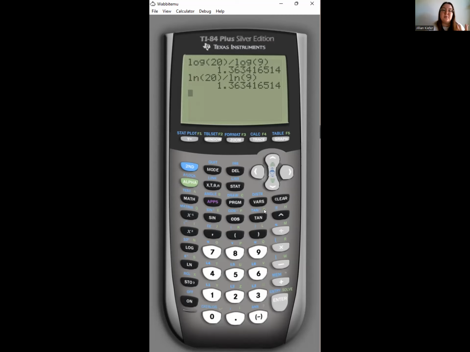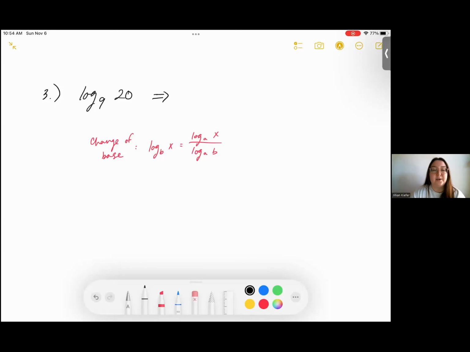So we're going to go ahead and write this in our notes. We're expanding out into the change of base, log base 9 of 20. But we know what the value is going to be now. So let's write our answers in our notes. We had log base 9 of 20. Our change of base formula is log base b of x is equal to log base a of x divided by log base a of b.